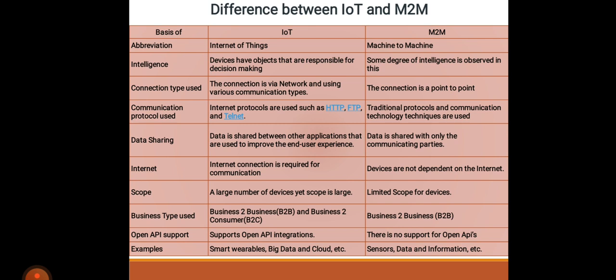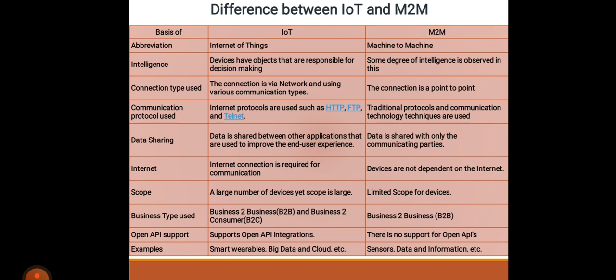Then the business type used in IoT is business to business and business to consumer. That means B2B and B2C connections are used. In M2M, only business to business connection is used. Open API support in IoT: it supports open API integrations.